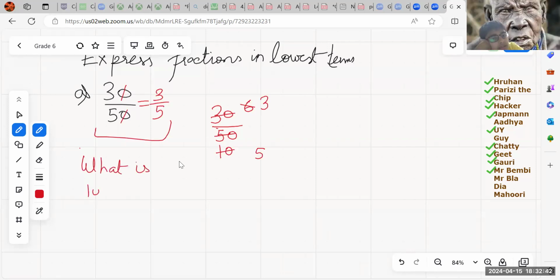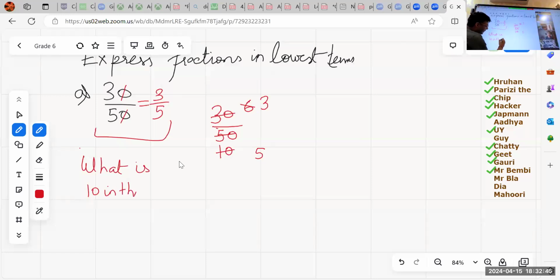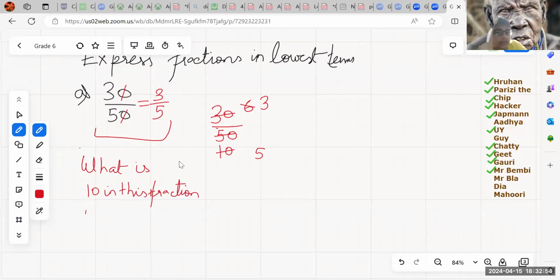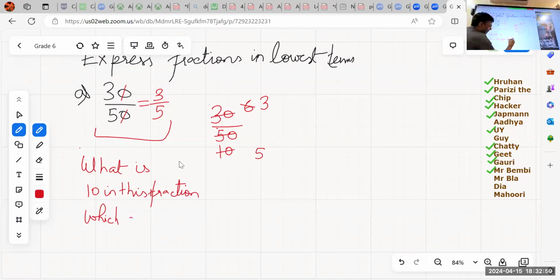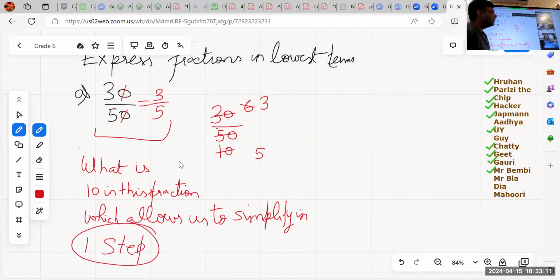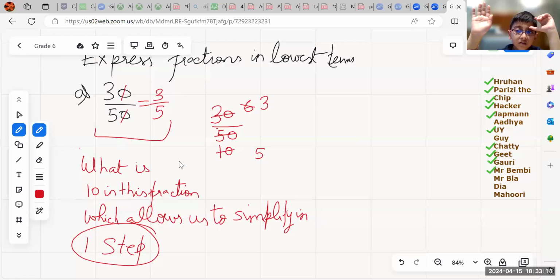What is 10 in this fraction, which allowed me to simplify in one step? Who wants to answer? Yes, Geetal. It's the HCF of the fraction.